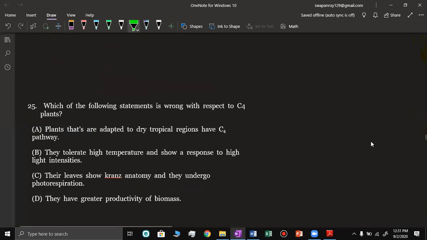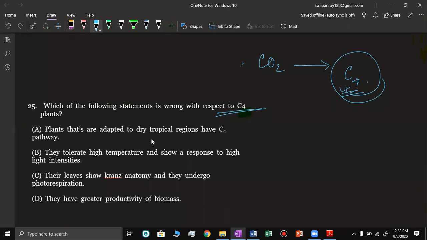Next question, we will move quickly. Which of the following statements is wrong with respect to C4 plants?